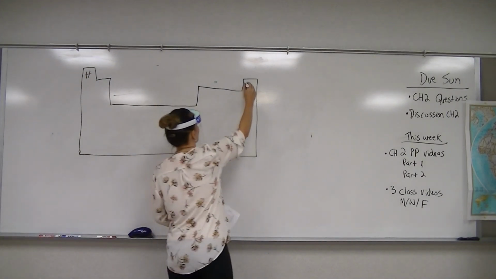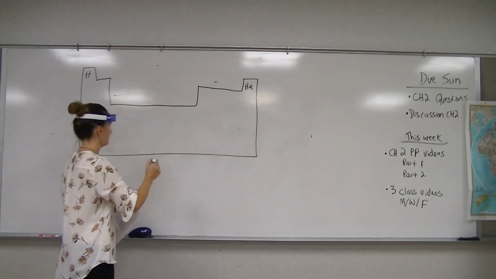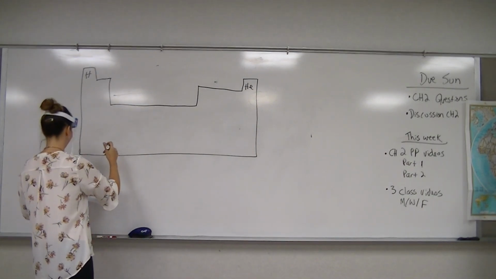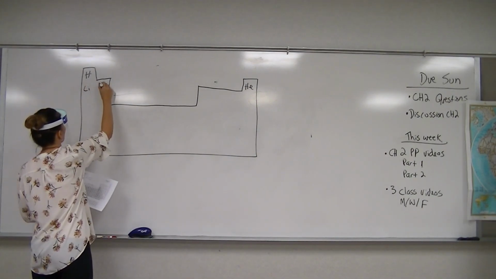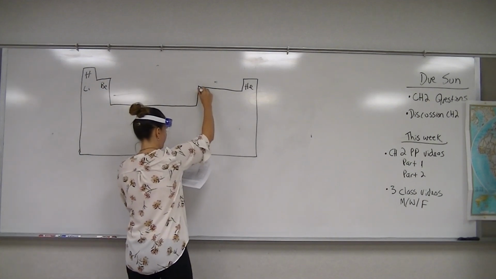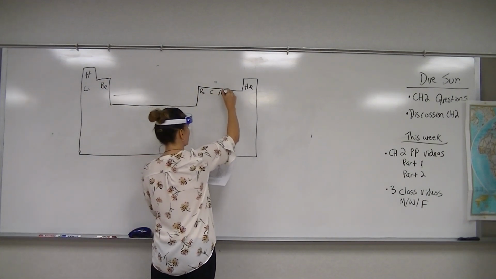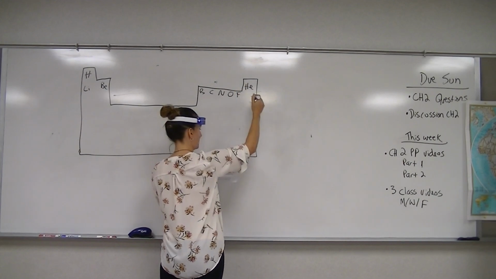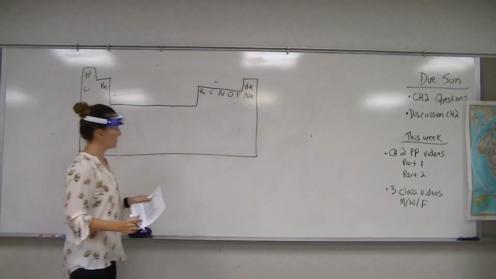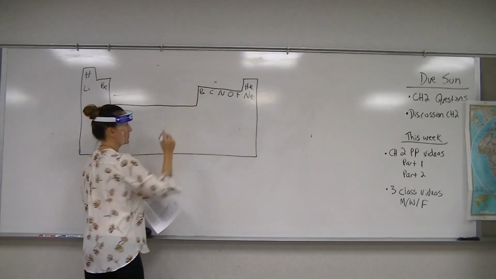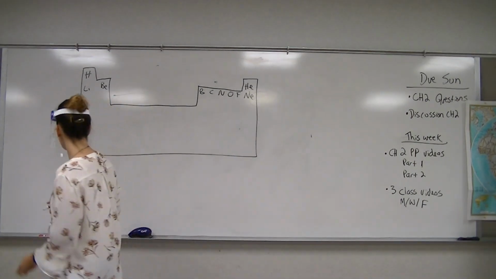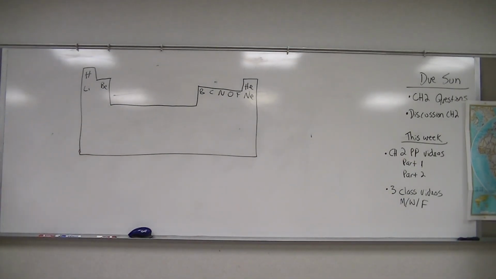We have hydrogen and helium, oxygen, fluorine, and neon. Just so you get an idea of what the areas are, I'm just going to write the first row.